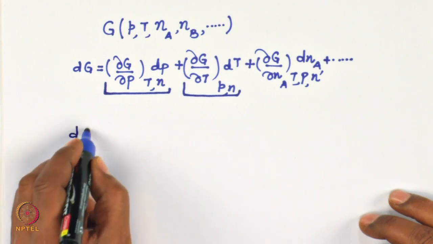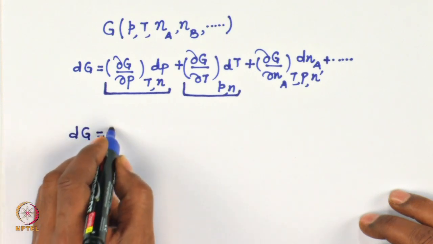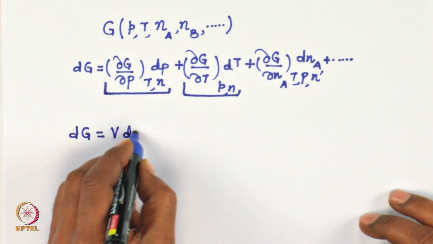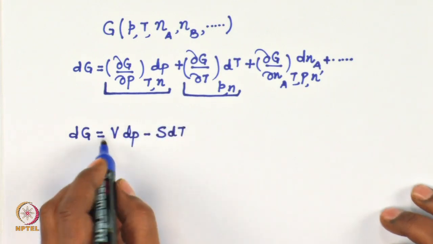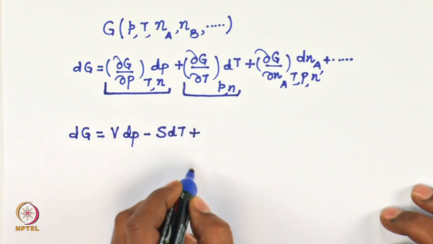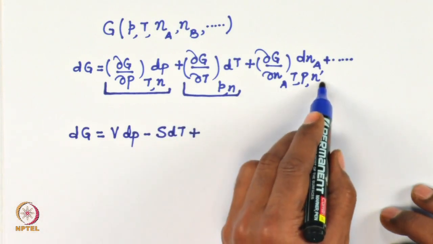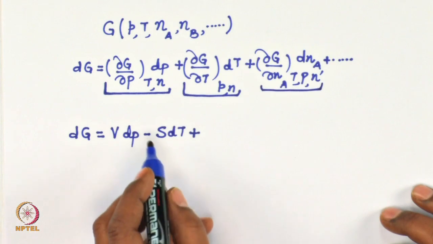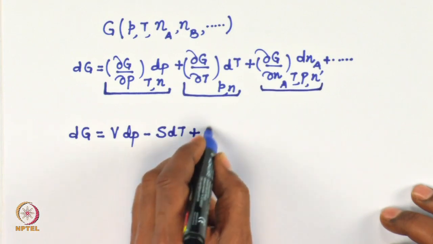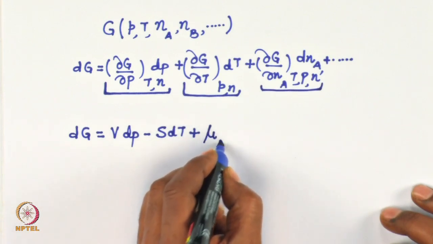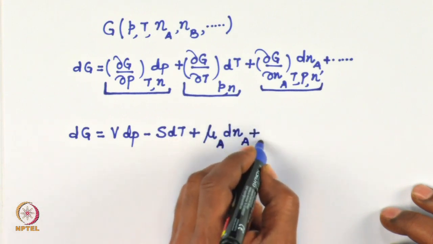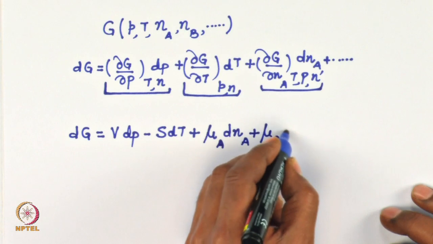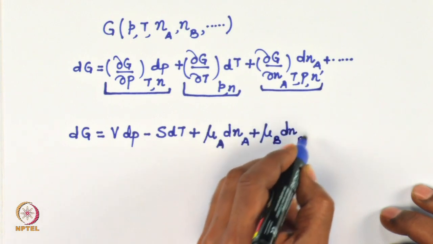That means dG will be equal to V dP minus S dT plus this quantity, which we have just discussed as the chemical potential of A, dnA, plus chemical potential of B, dnB, plus so on.